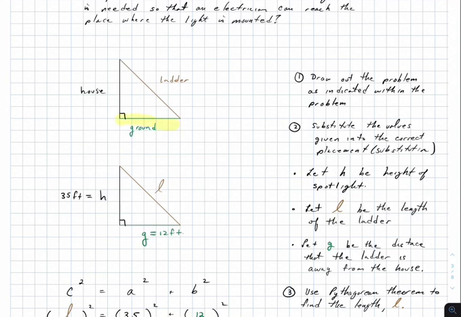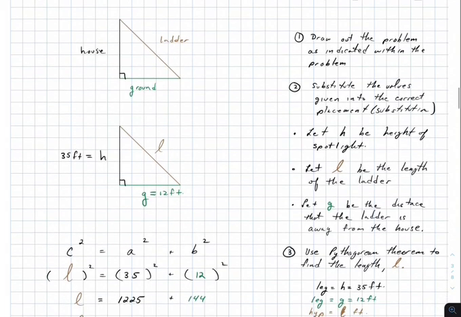And the ground is green because maybe there's a lot of grass, and the house siding is maybe black or something. I don't know. But I tried to color coordinate it so that it can be made a little easier to see. So then all I'm going to do is substitute the values given.